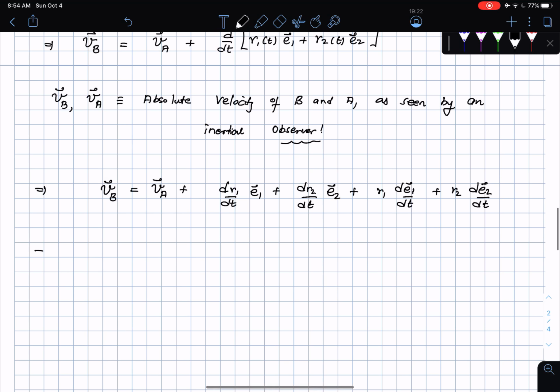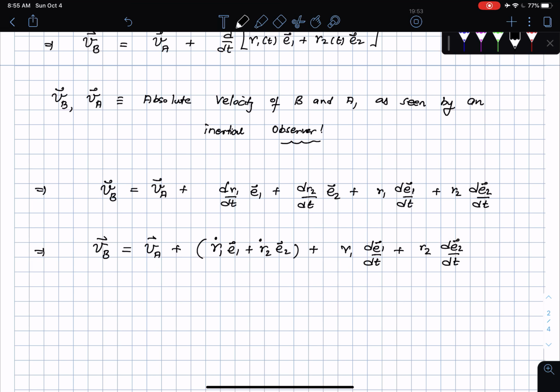So vb is equal to va plus r1 dot e1 plus r2 dot e2, plus r1 de1 by dt plus r2 de2 by dt. What am I going to do with this de1 by dt and de2 by dt is the next question to be answered.